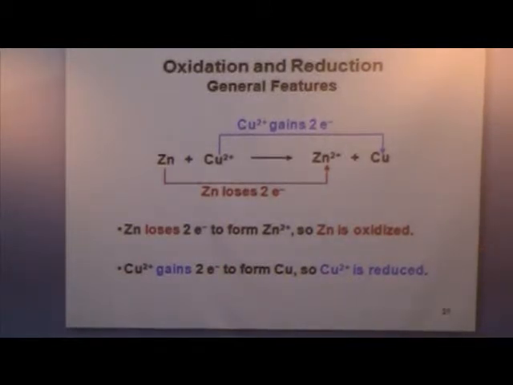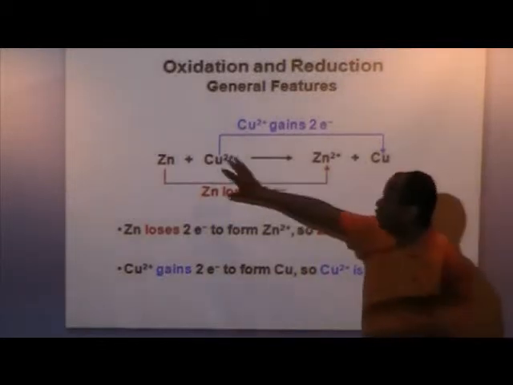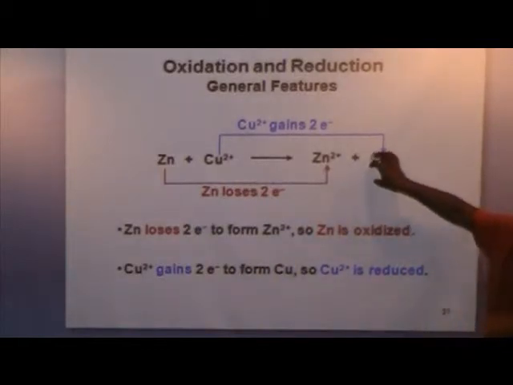The whole process is called a redox reaction. Redox means oxidation and reduction. Zinc as a metal disappears, but it is in the solution. And copper was in the solution, but now copper is out of the solution.